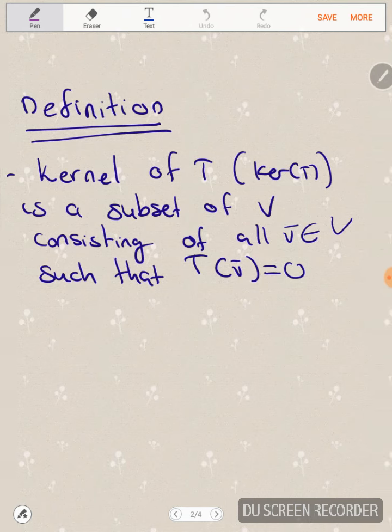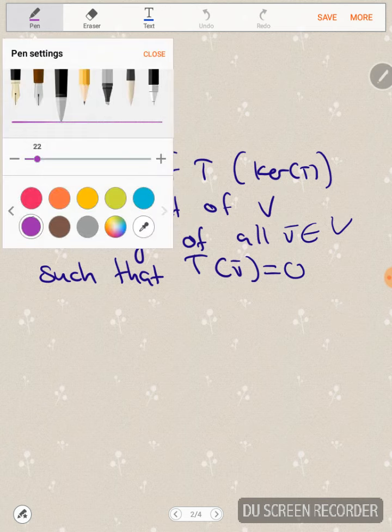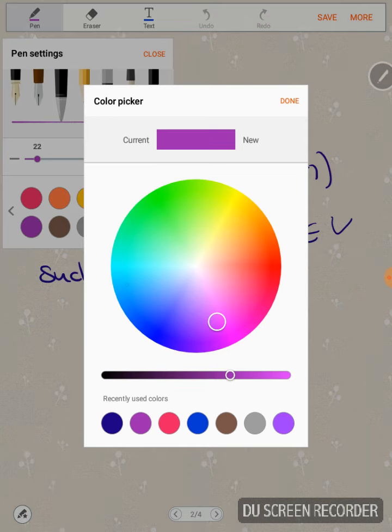I'm gonna start with the definition. Kernel of T, or you can write it as ker T, is a subset of V consisting of all the vectors V in space V such that T of the vector V maps it to 0.